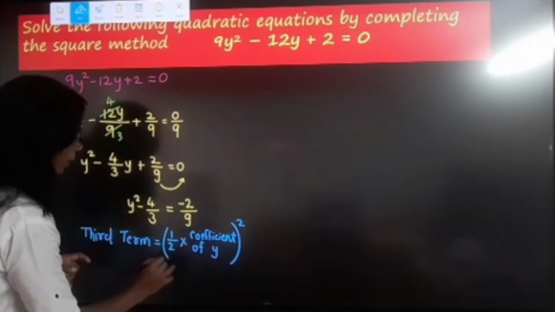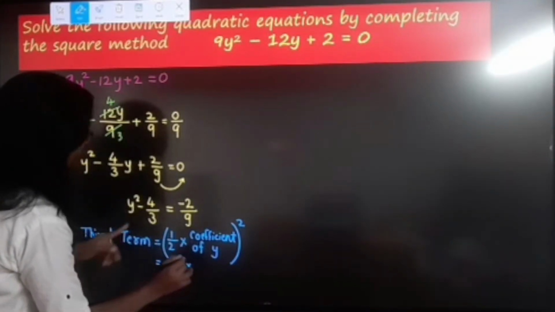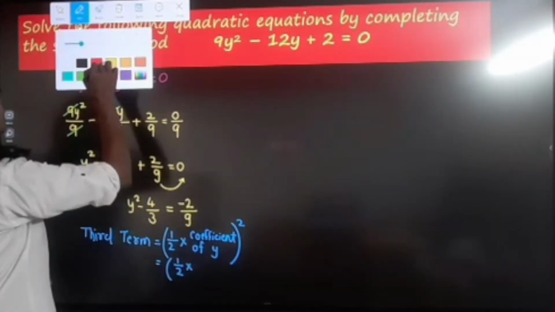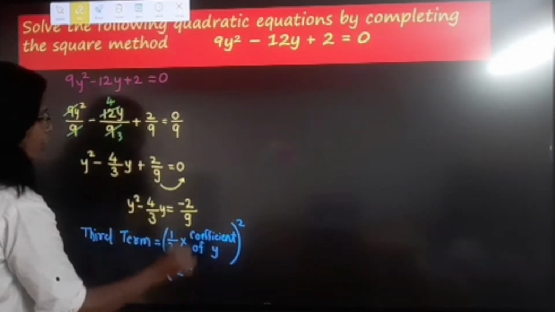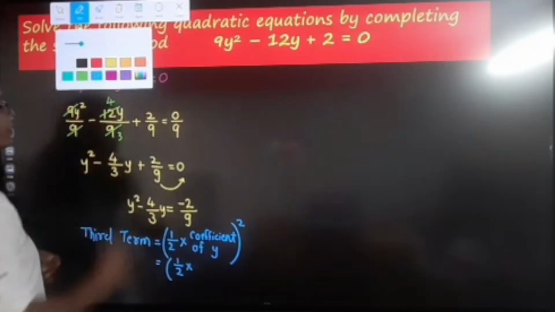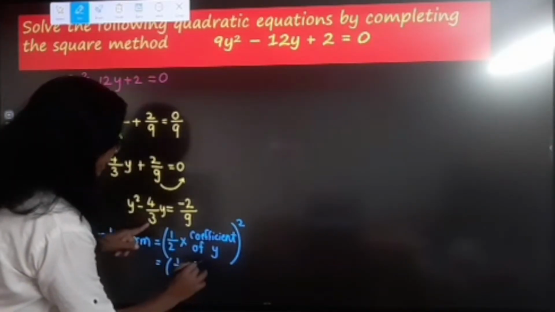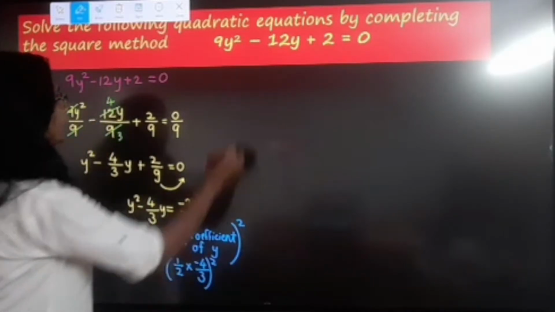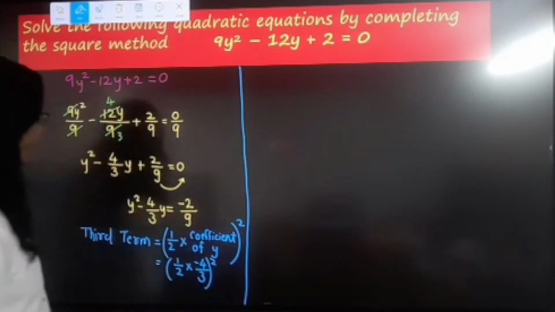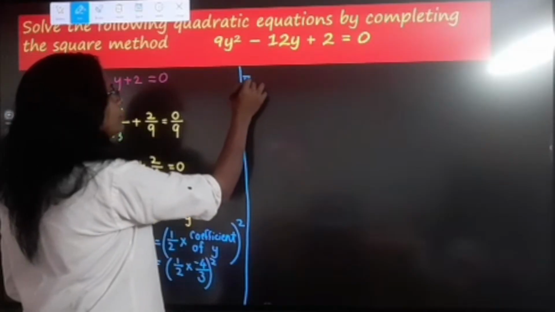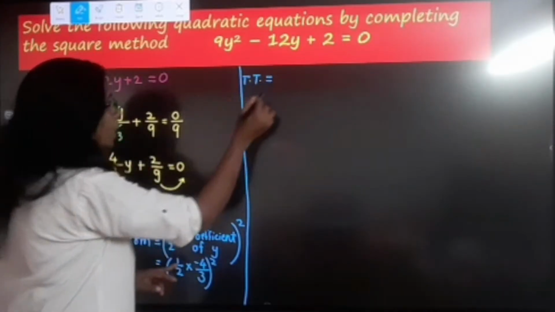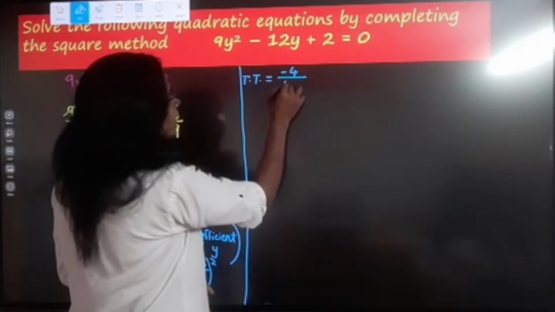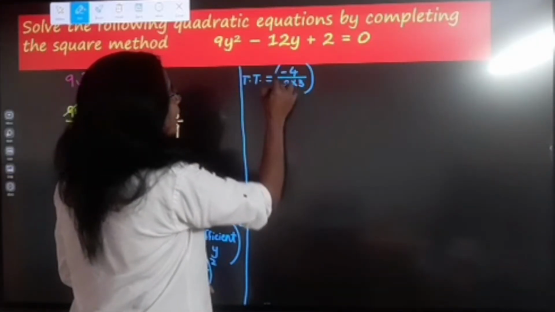So the coefficient of y is minus 4 upon 3, whole bracket squared. So the third term is equal to (minus 4 upon 2 multiply 3) whole bracket squared.